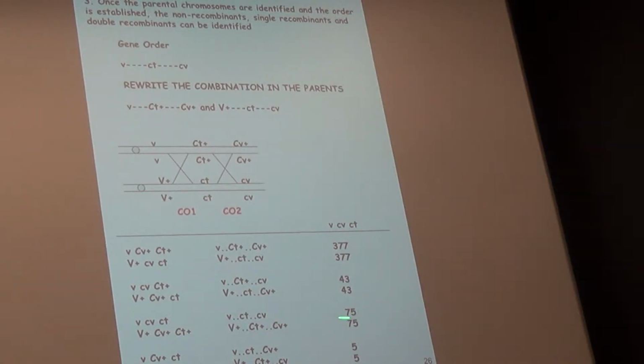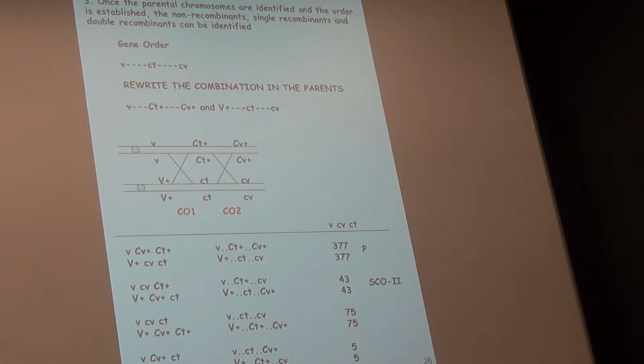And that's this class here. So this 75 units comes as a number of crossovers that are taking place here. This 43 units comes due to a single crossover that happens here. And so then you just add the formulas up.